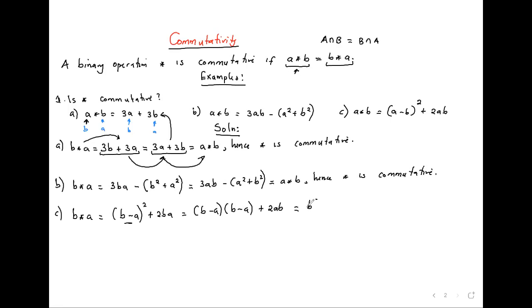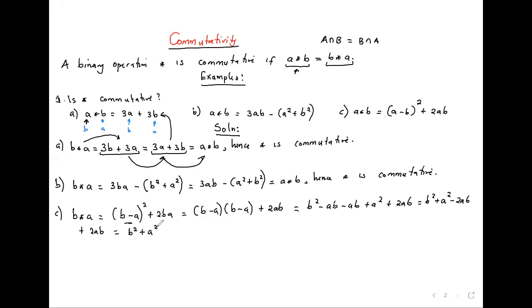This is b squared minus ab minus ab plus a squared plus 2ab. This is b squared plus a squared minus 2ab plus 2ab. Now I can see minus 2ab plus 2ab, that is 0. So you end up having b squared plus a squared.